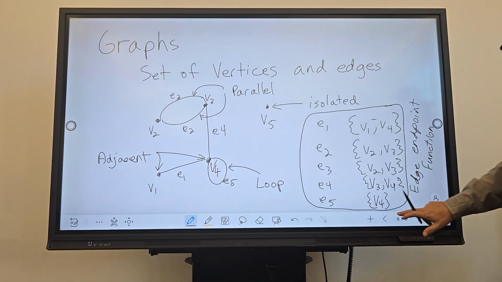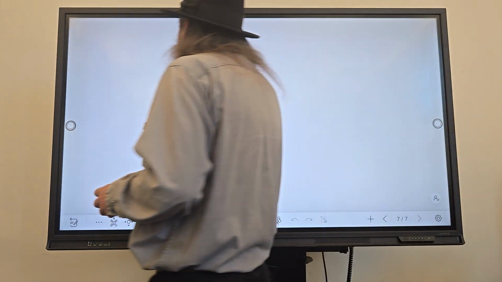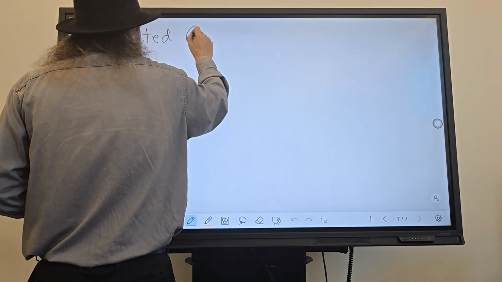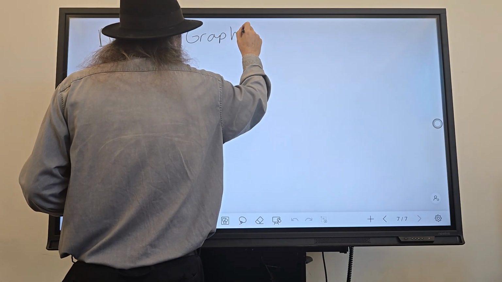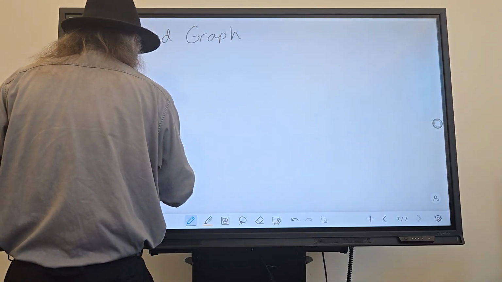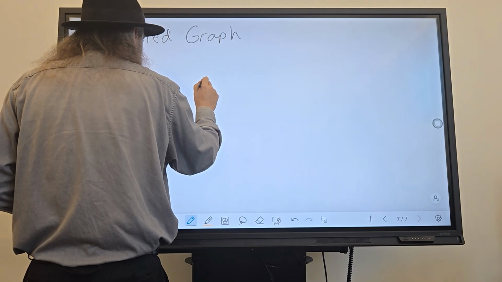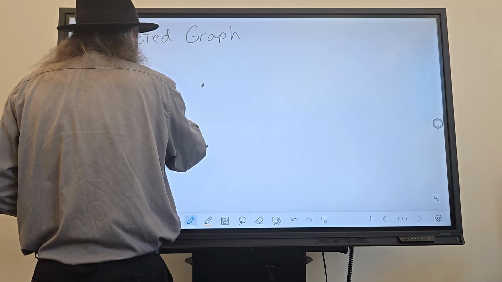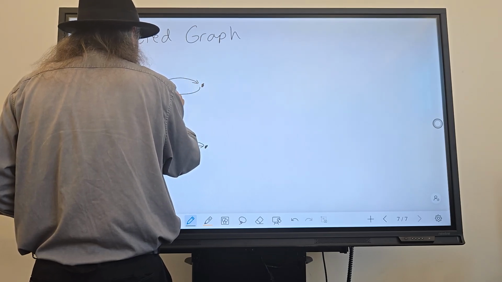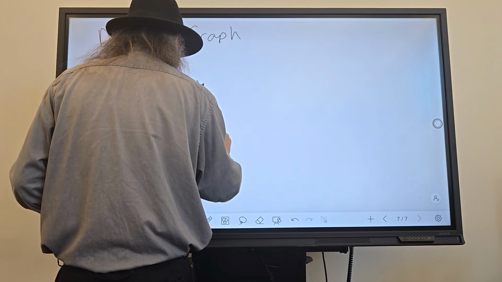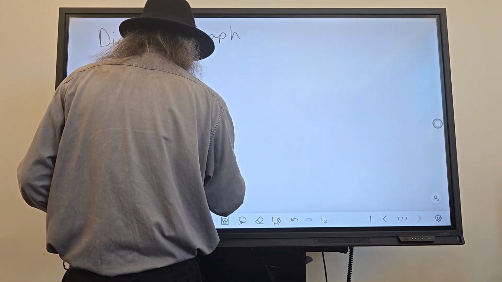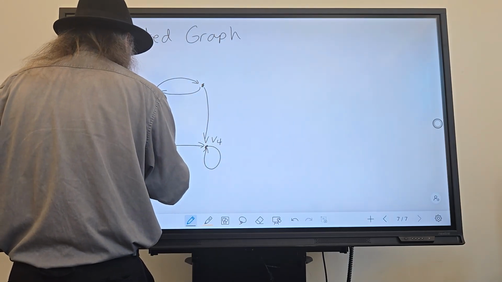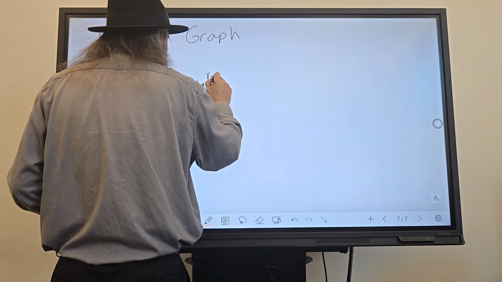But for a directed graph, let's go ahead and do a similar graph. The edges are arrows. V4, V2, V1, V3.